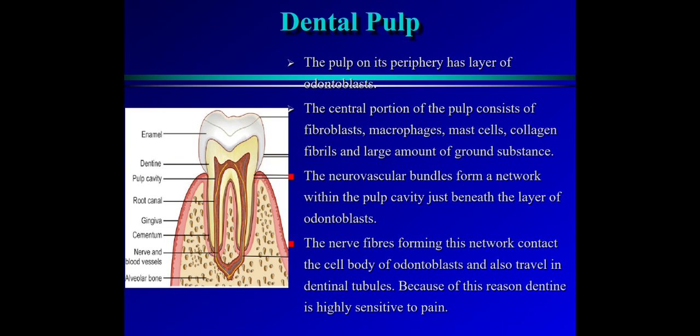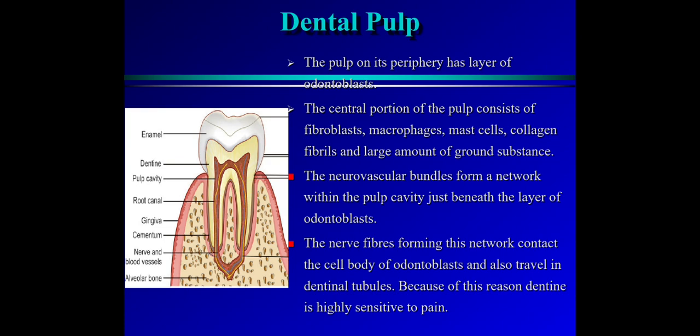The neurovascular bundles are present within the pulp cavity. They form a network just beneath the layer of odontoblast cells and supply the odontoblast cells. Further, these nerve fibers forming the network contact the cell body of the odontoblast and also travel within the dentine tubules.